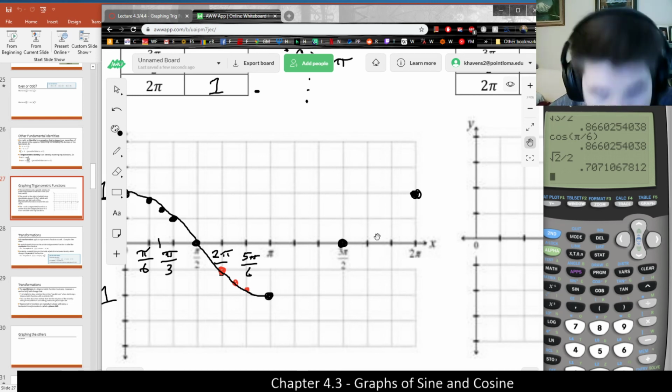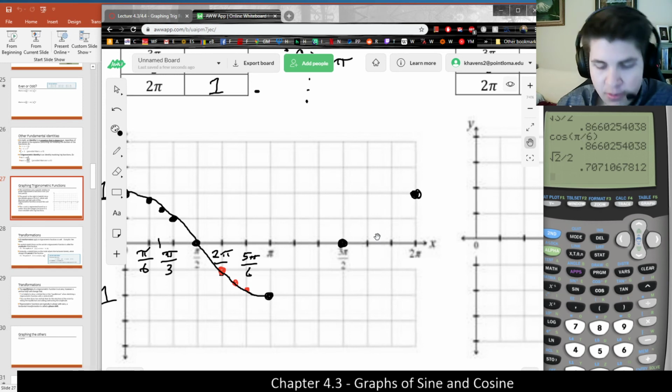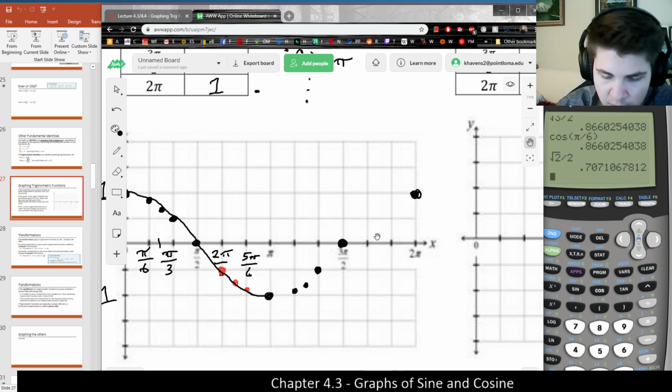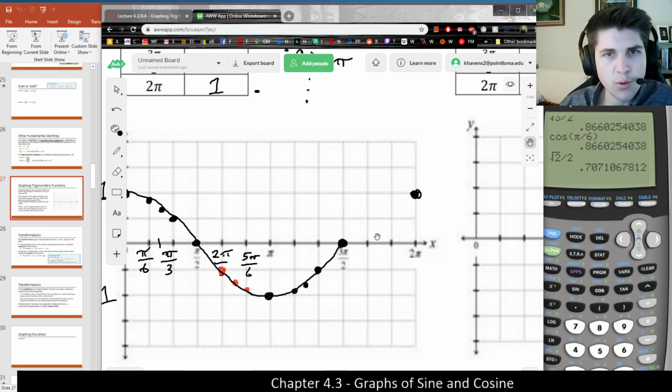But I'm not going to label those just because it's going to take too long, but this one will be 7 pi over 6, which is negative 0.86. Then in the middle is going to be 5 pi over 4, which is negative 0.7. Then 4 pi over 3. And then it's going to go down to 3 pi over 2 by the time we come back to the next x-intercept.